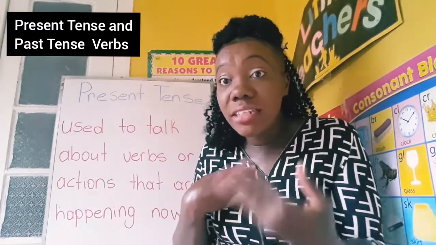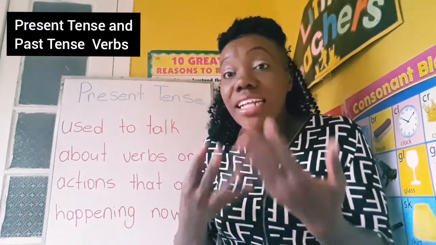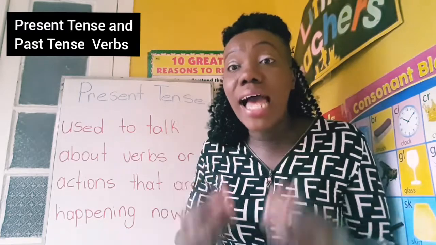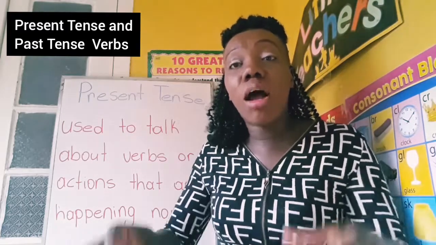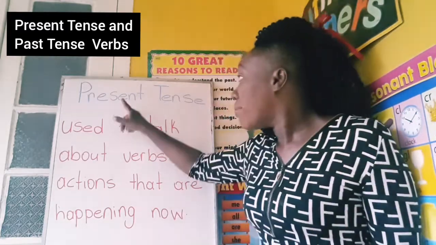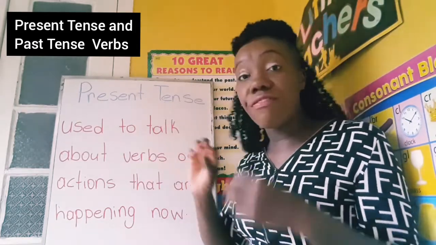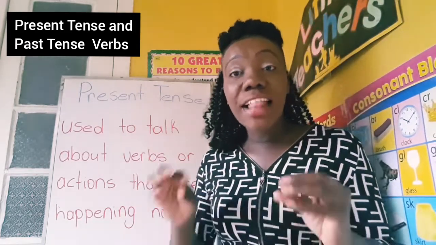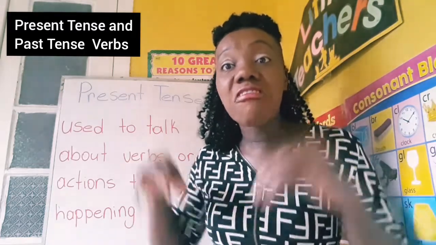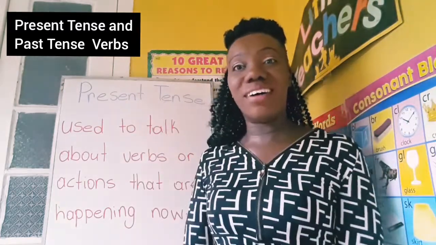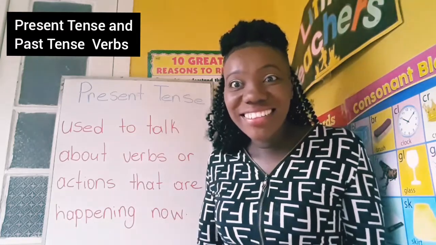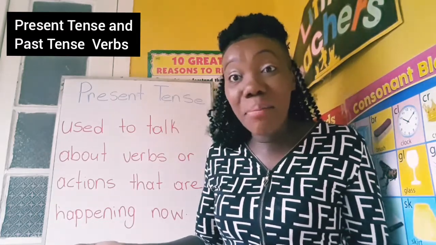So Auntie Karine talks. So that is what I am doing. So it is happening now, so it is called present. And present tense is used to talk about verbs or actions that are happening right now. Simple. That is what present tense is all about.